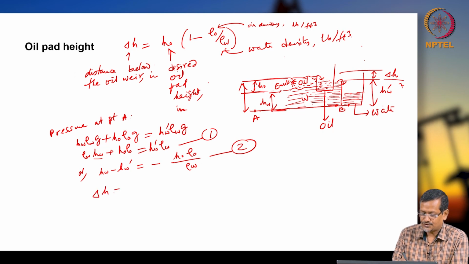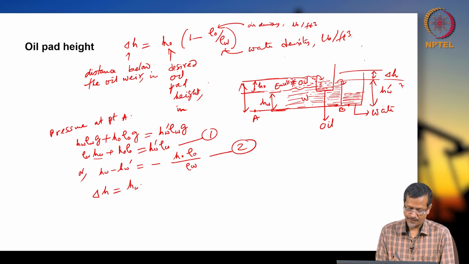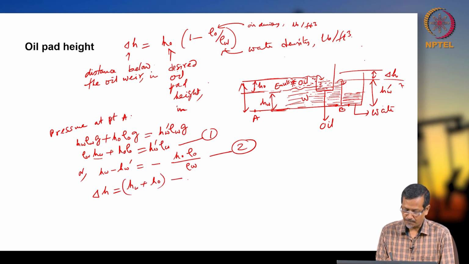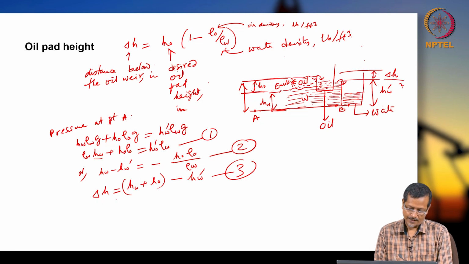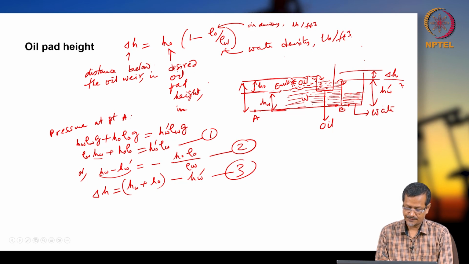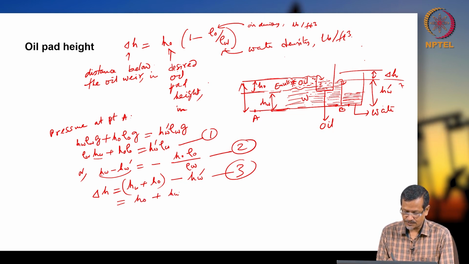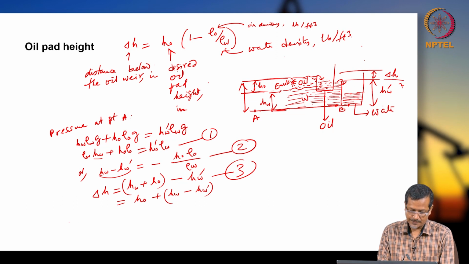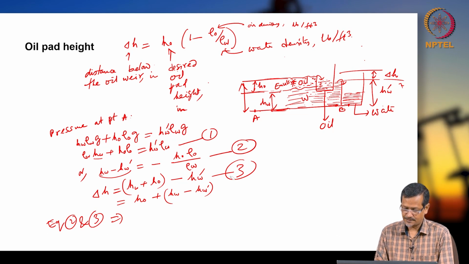Now del H equals, from the figure you can see, del H equals HW plus HO minus HW dash. Okay, from the figure you can see. Now from equations 2 and 3, if we replace HW and HW dash, so I'll rewrite this: del H equals HO plus HW minus HW dash. Equation 3 I'll put here.